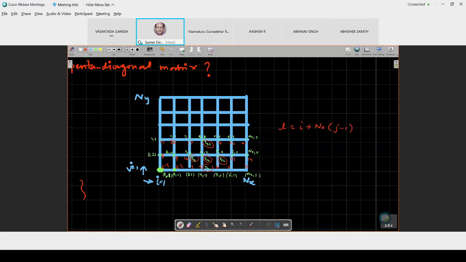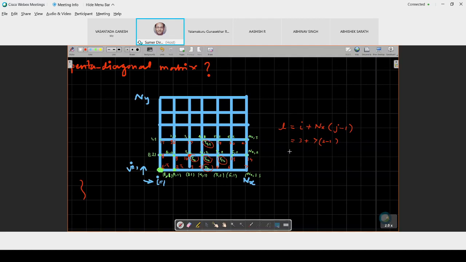So consider any point, suppose for example 10. To get this L, essentially we should get 10 here. What is I? I is 3. 3 plus nx, what is nx? nx is 7, and j is 2, so 2 minus 1.